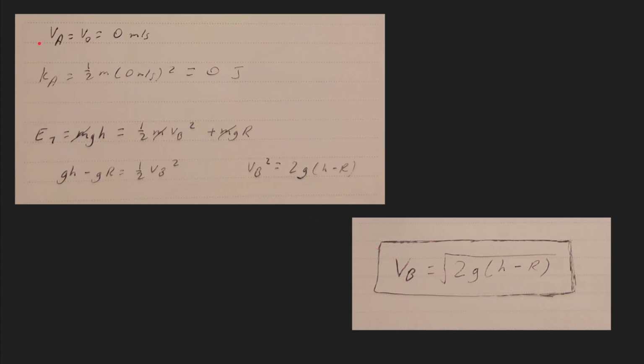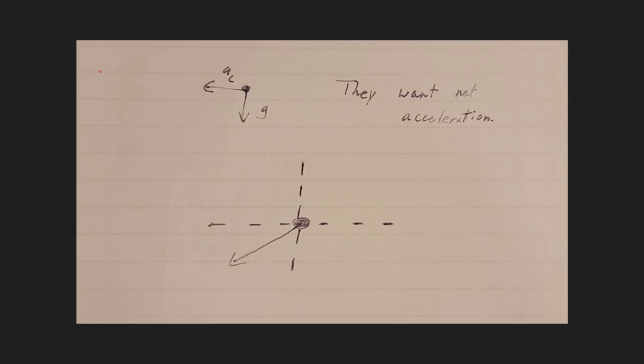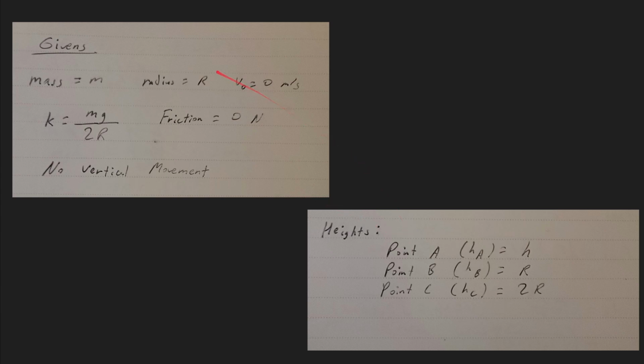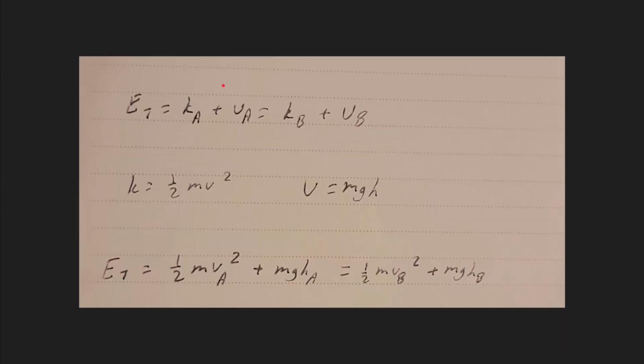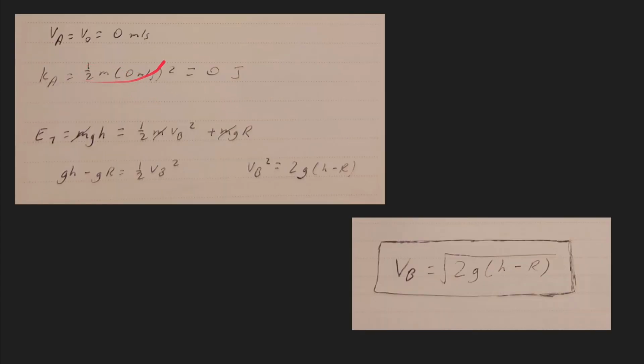So here we have, as we said before, in our givens, our initial velocity is 0 meters per second. That's our velocity at point A. So that means our kinetic energy at point A is 0 joules, so that just cancels out.